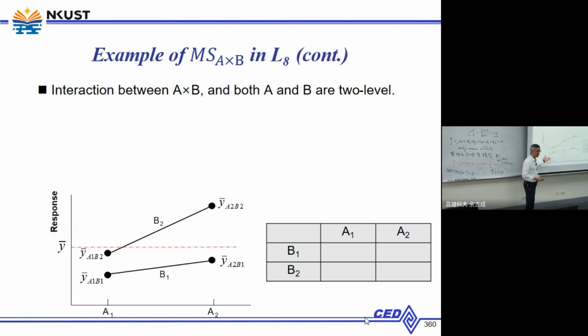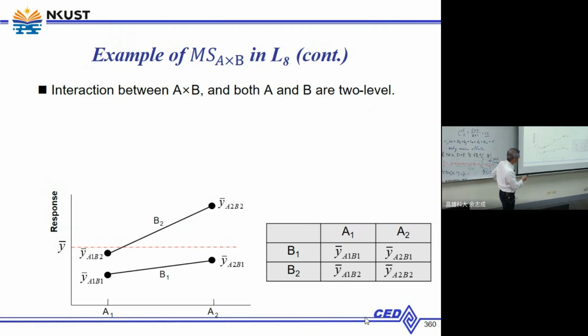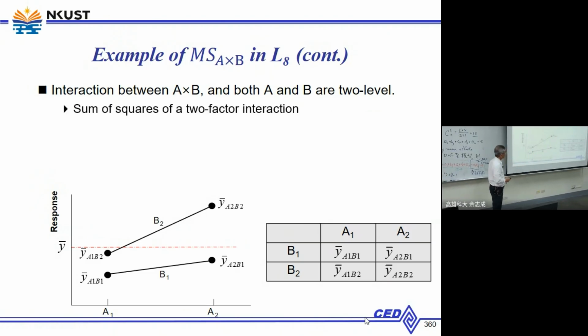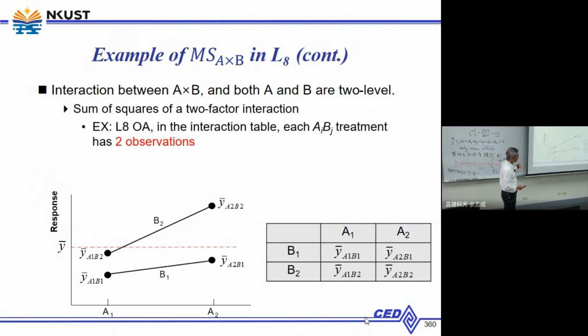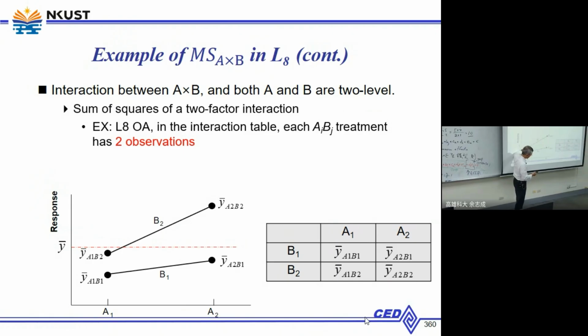How do we calculate that? Just like before, we first need to calculate the combinations of AB. When you want to analyze the interaction AB, this is how we draw the interaction plot. When we calculate the sum squared due to this interaction, which is very similar to the main effect, we calculate the difference between each combination and the total average, square it, and sum it up.